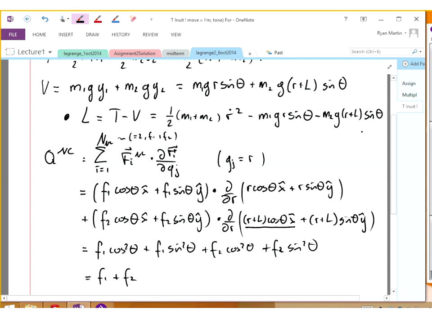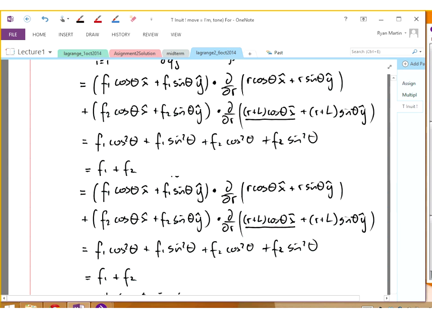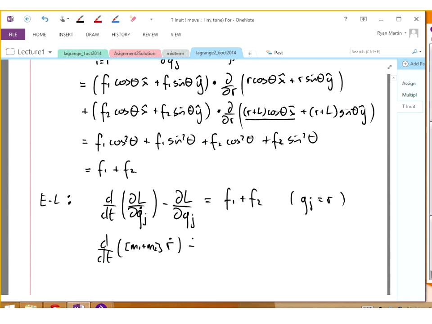The r is going to drop from both terms, and on the last term, the L is going to drop as well, because you can look at the last term as two terms, m2 g r sin theta plus m2 g L sin theta. And m2 g L sin theta doesn't depend on r, so it'll just drop. So I'm left with m1 g r sin theta and m2 g r sin theta.